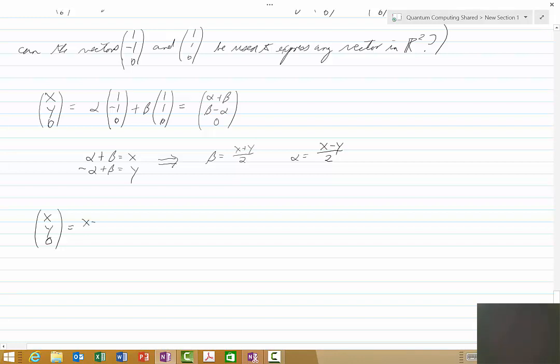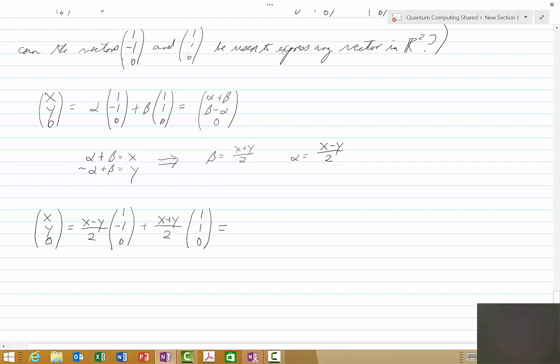It's equal to x minus y over 2 times 1, -1, 0 plus x plus y over 2 times 1, 1, 0. And I believe that you can see that that does, in fact, work out.